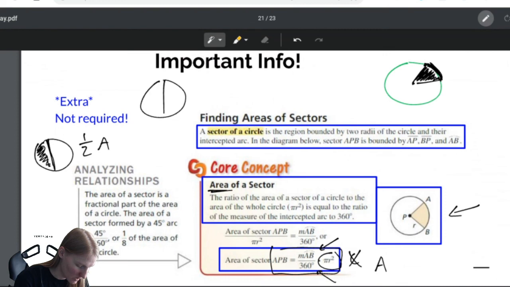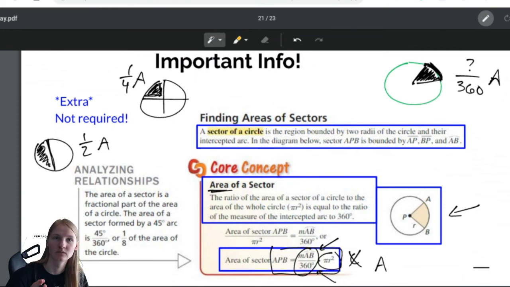If I want to know what this sector is, well, it's 1/4 of the area. So I'm just going to take that fraction out of 360. If I want to know what this is, it's something out of 360 times the area. It's some fraction of the area. So it's the exact same thing as the arc length.